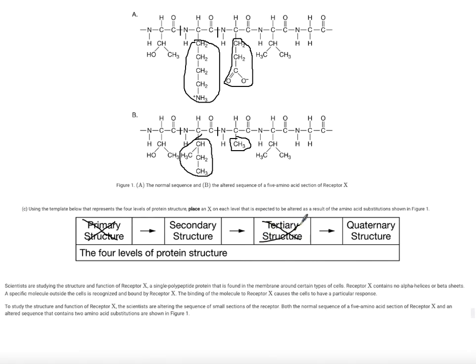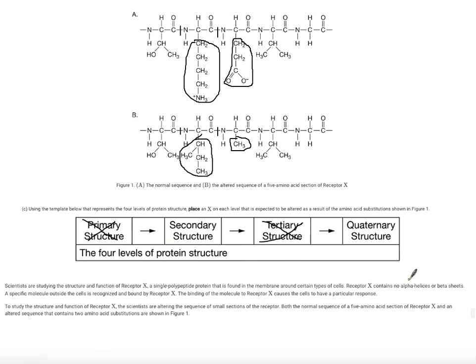Now, I'm only going to put X's there, and I know some of you are saying, wait a minute, I remember the macromolecule quiz question that said a change in primary structure is going to change secondary, tertiary, and quaternary. A change in primary is going to change all the others. That is true, and especially in the context of the quiz question where you answered that, that was extremely true.